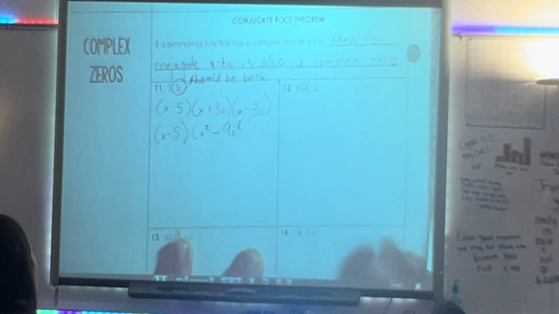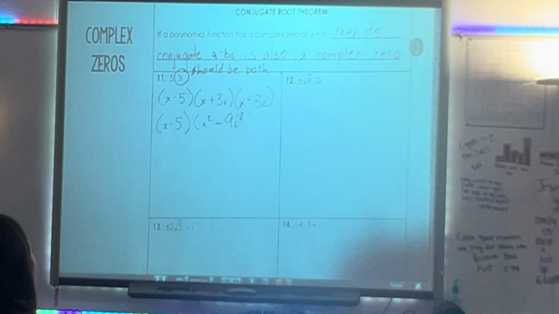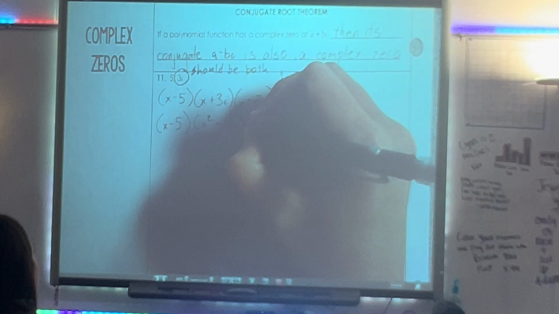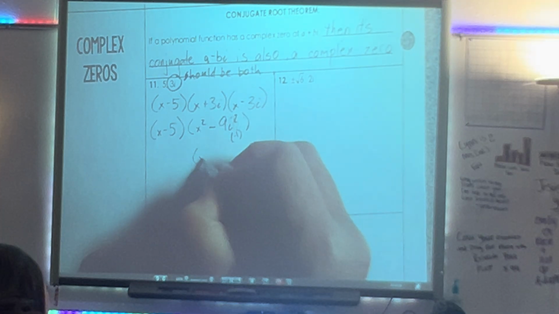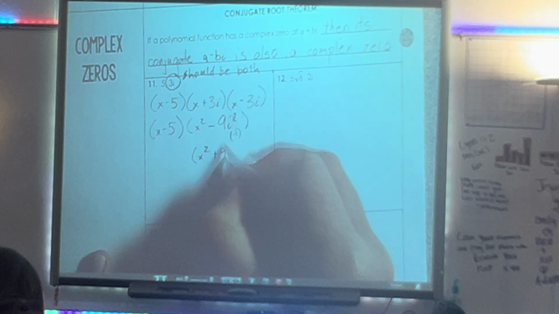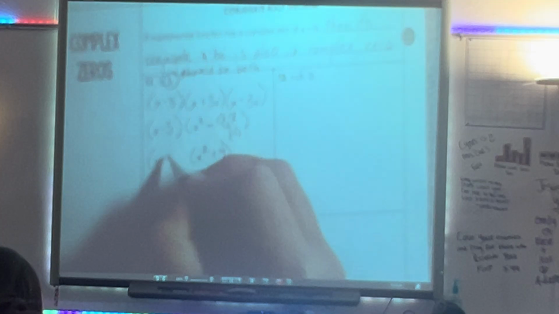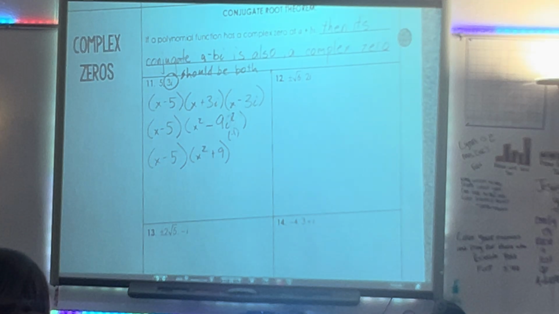Well, i squared has a value of what? Negative 1. So then this whole thing becomes x squared plus 9 times the x minus 5.